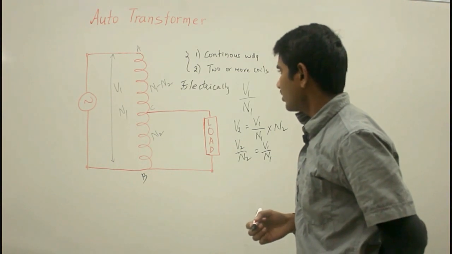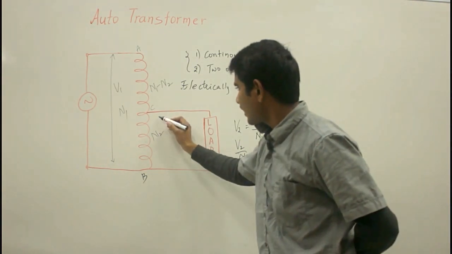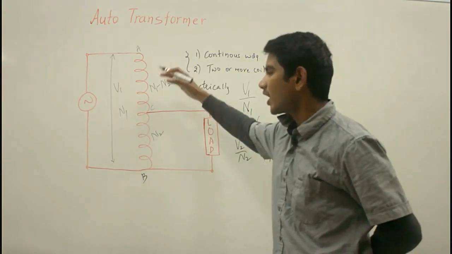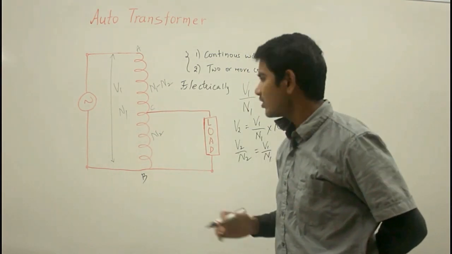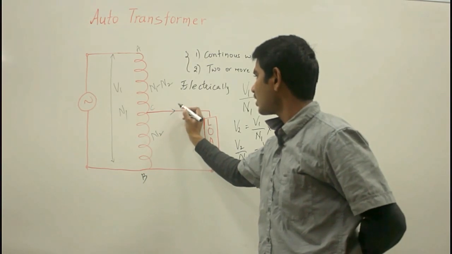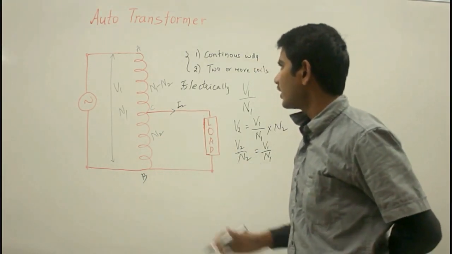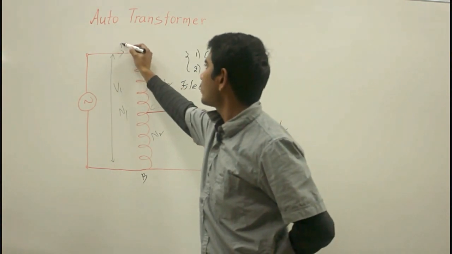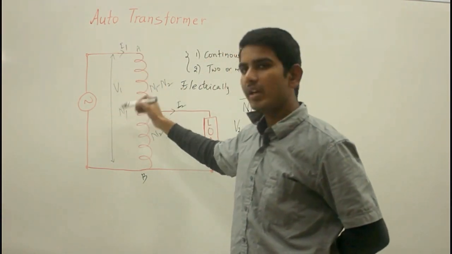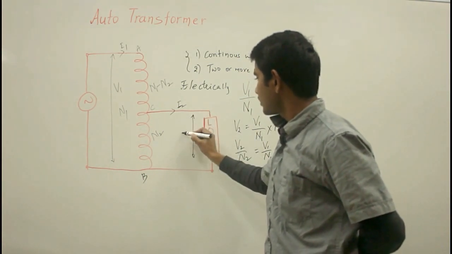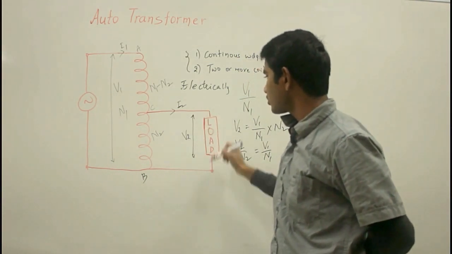Now as the secondary ampere turns are opposite to the primary ampere turns, let us say I2 is the secondary side load current, I1 is the primary current, V1 is the primary side voltage, and V2 is the secondary side voltage across the load.